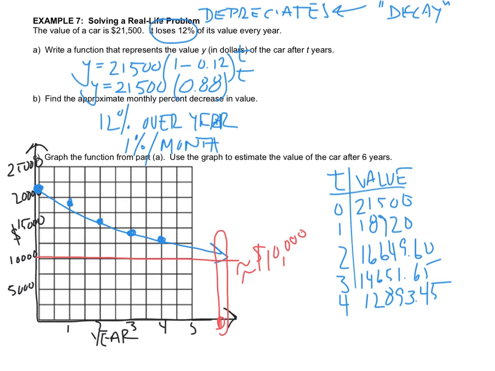So that's using the graph. If I then went to my equation and plugged in a 6 to our function, it actually comes out to 9,984.68, which is obviously, again, close. So we're going to use that as our estimation to get about $10,000.